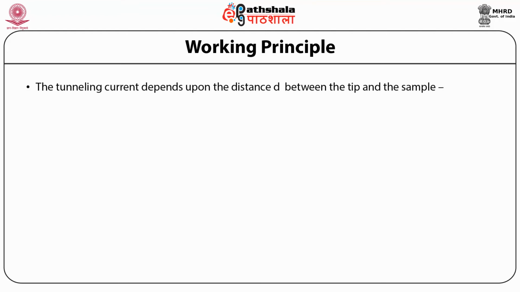The tunneling current depends upon the distance between the tip and the sample, and this is given by IT equals C1 times UT times exponent raised to minus C2 times root of phi times D.